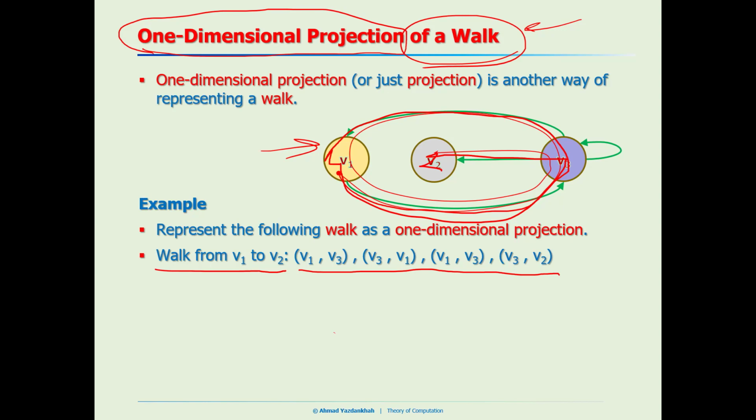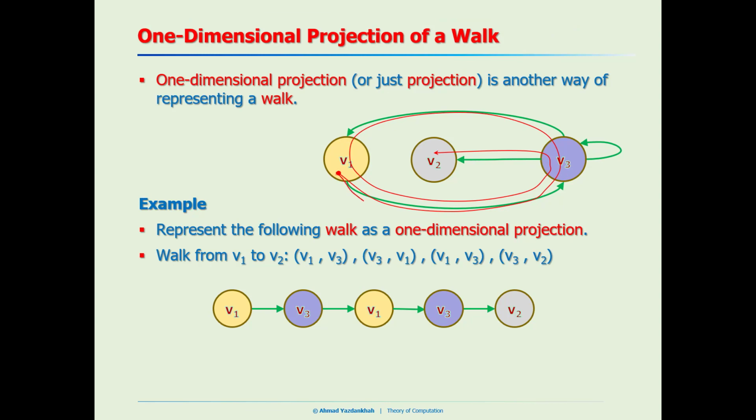this walk in one dimension. In other words, we unwind this walk and put it in one dimension, and we call it one-dimensional projection. You see, V1 to V3, V3 to V1, and so forth until the end, right?